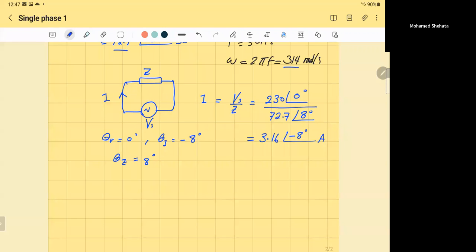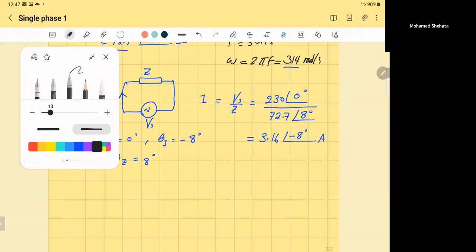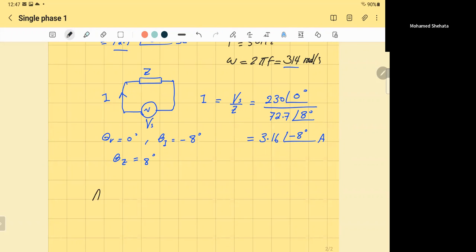Let me just, to make it closer, ask first another question. When you have a DC circuit, you have only one type of power, right? The active power. The one you consumed. When you have AC, you have 3 types of power. Active power, and sometimes they call it average power.